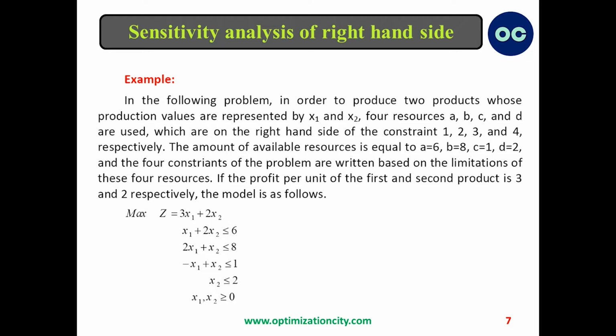The constraints of the problem are defined based on the limitation of these four resources. Additionally, if the profit per unit of the first product is 3, and the profit per unit of the second product is 2, the model can be summarized here. So we have 2 decision variables and 4 constraints.